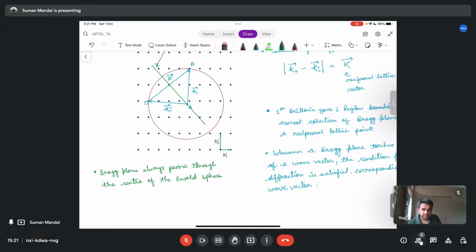So here is basically the point A. And they are always the perpendicular bisectors of the reciprocal lattice vector, which is the definition.